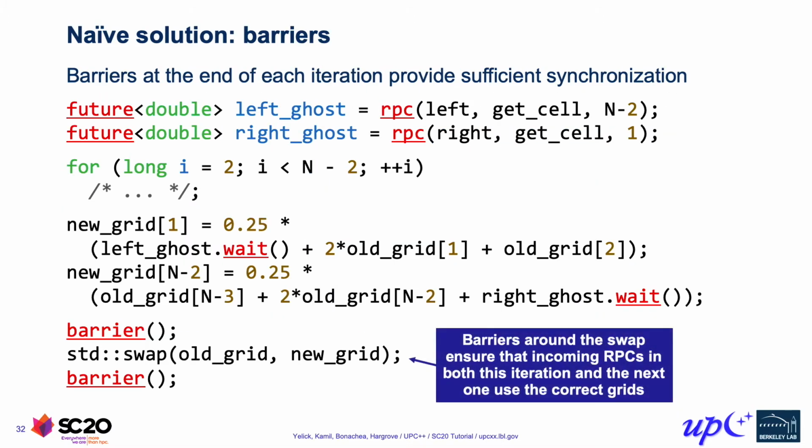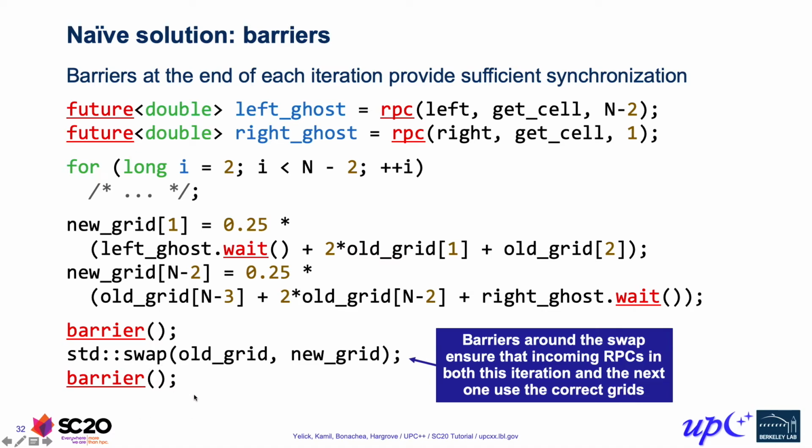The simple fix is similar to what we saw in exercise 1, which is to introduce barriers. So here we're introducing two barriers around the swap. One to ensure that the RPCs from the current iteration are finished before we do the swap, and the second to ensure that we do the swap before the RPCs for the next iteration.